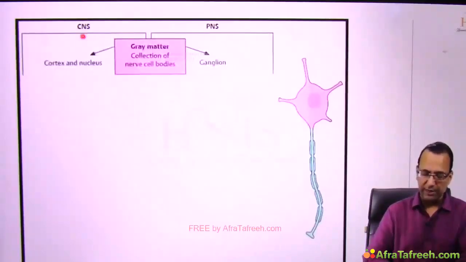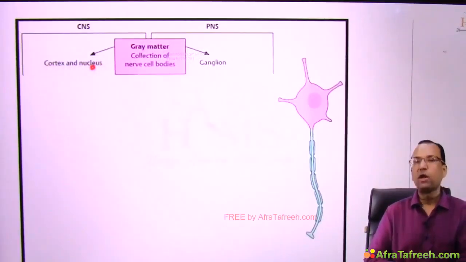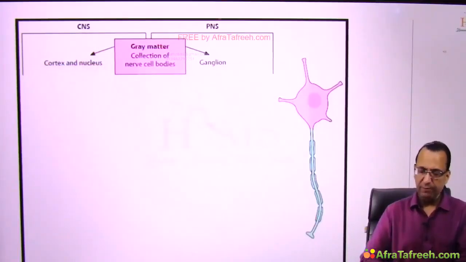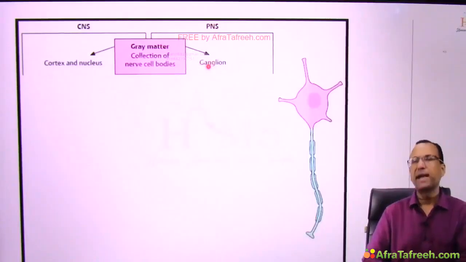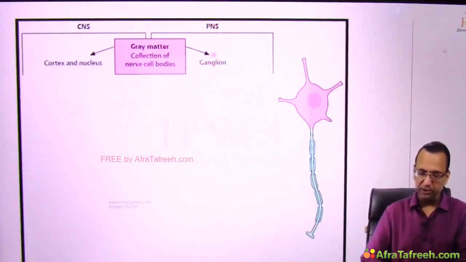As you're talking about the CNS, they will be forming cortex or nucleus, like trochlear nucleus, thalamic nucleus, brainstem nucleus, and in the PNS they'll be called a ganglion. What is a ganglion? It is a collection of neuron bodies but in the peripheral nervous system.